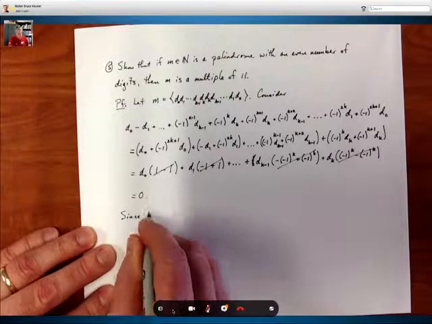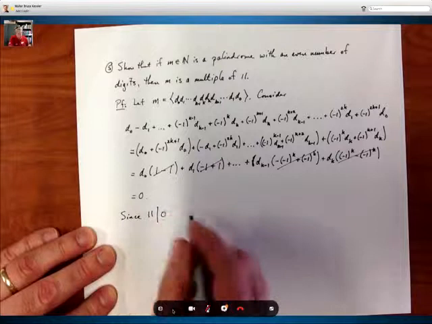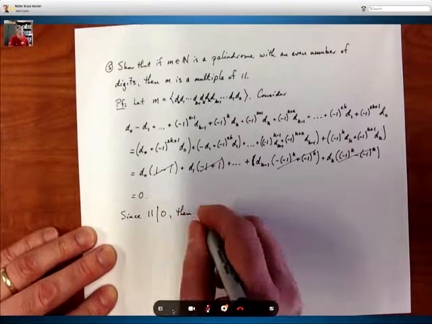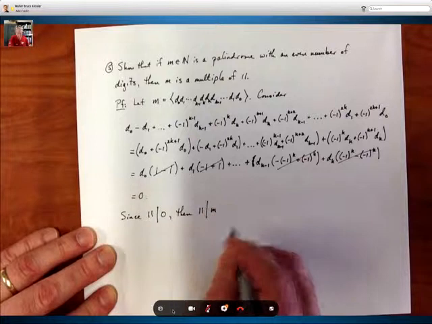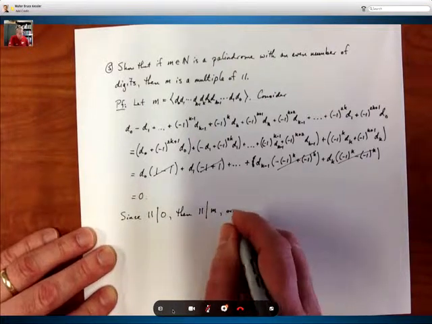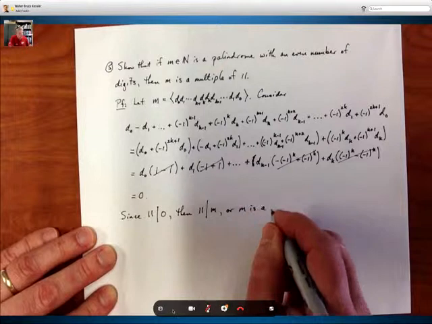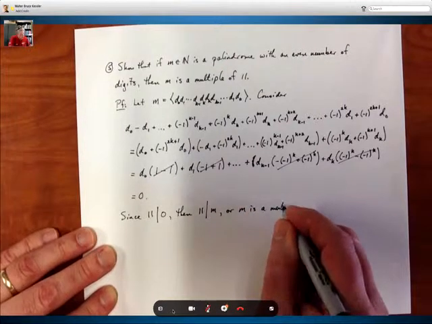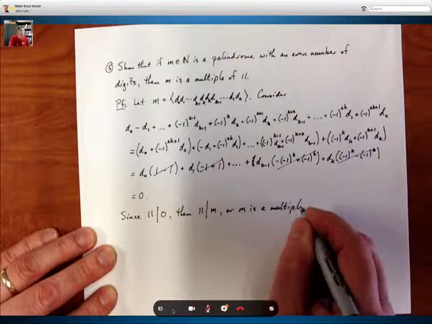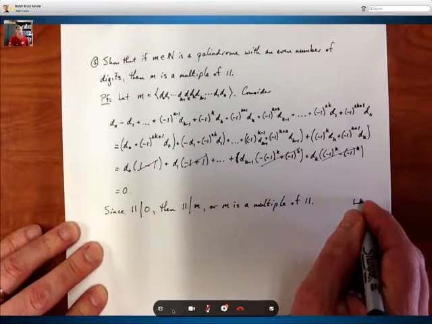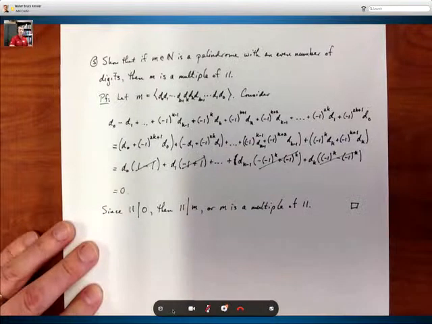So since 11 divides 0, then 11 divides m, or we can say that m is a multiple of 11.